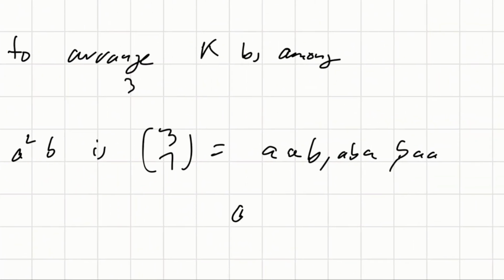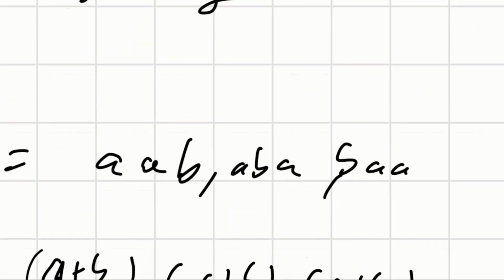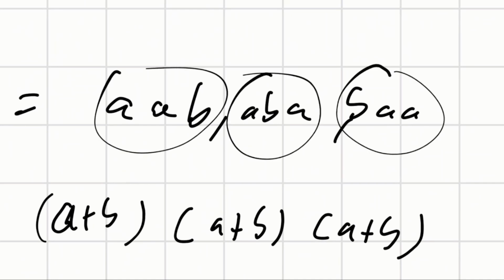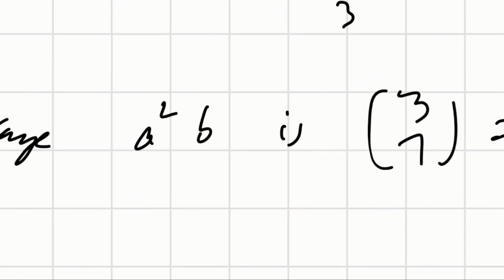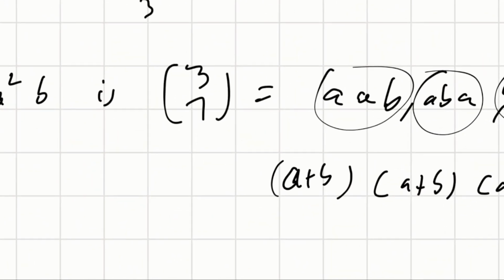We're going to see the whole example in a sec. The first way to arrange a squared b is a a b. The second is a b a, and the third is b a a. Everything leads to this form: a squared b.